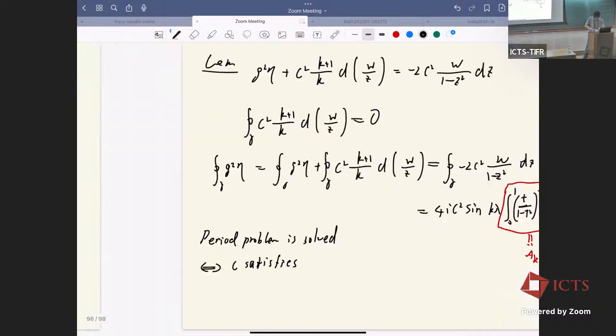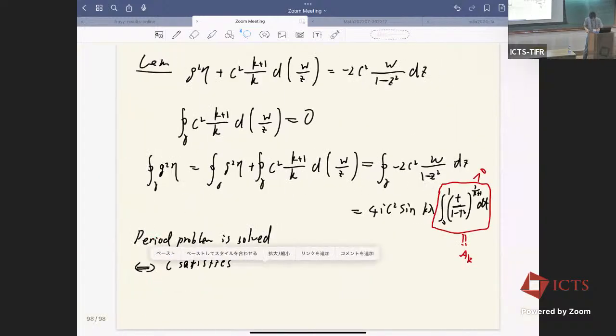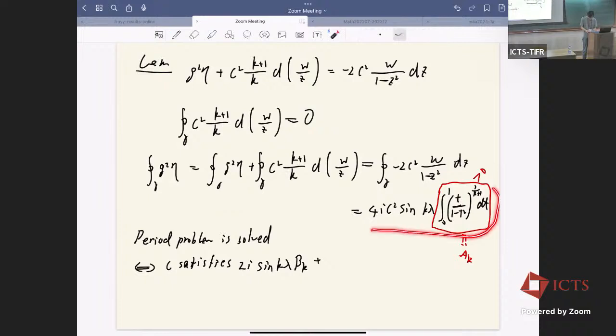And eta, you can copy pk, plus the conjugate of this, and the conjugate of this. So then plus, no, minus 2ic squared sine k lambda ak equals 0.